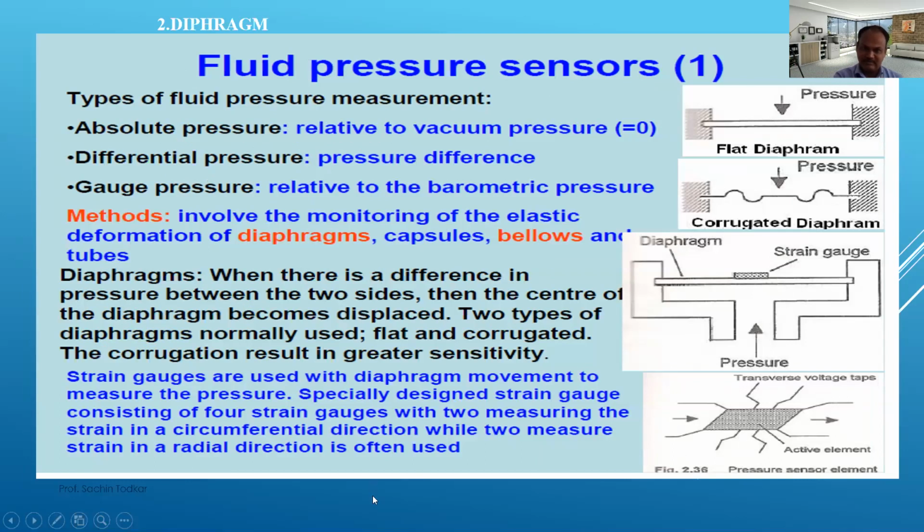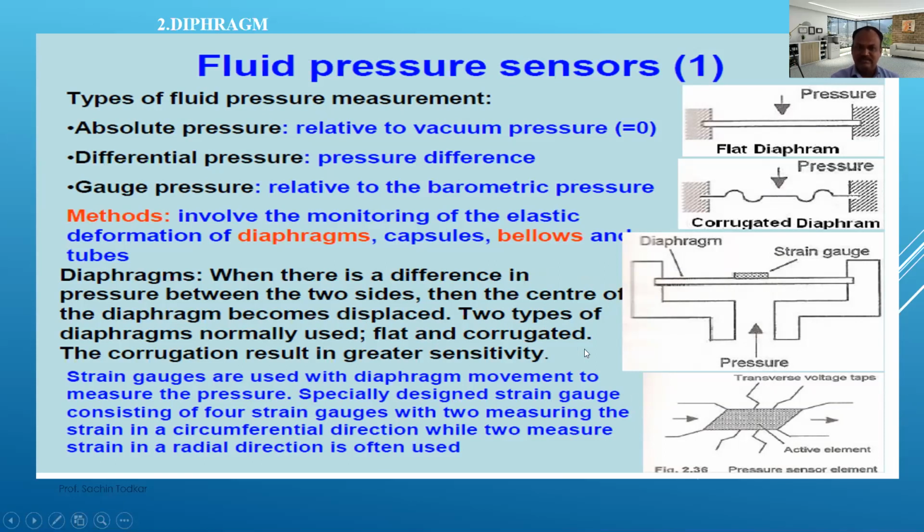We have seen all these types of pressures in fluid mechanics, and some pressure gauges also. That is the diaphragm kind of pressure gauge, then capsules and bellows, which are very useful in calculating pressures in fluid mechanics. When there is a difference in pressure between two sides of the diaphragm, there will be displacement of that particular diaphragm, and if we apply a strain gauge on that diaphragm, then you will get the exact pressure on the diaphragm on the other side.